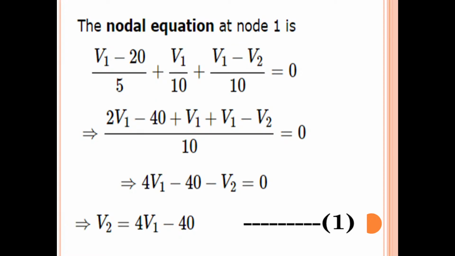So write down equation 1. That is V2 equal to 4V1 minus 40.